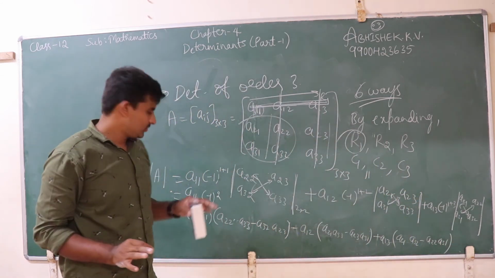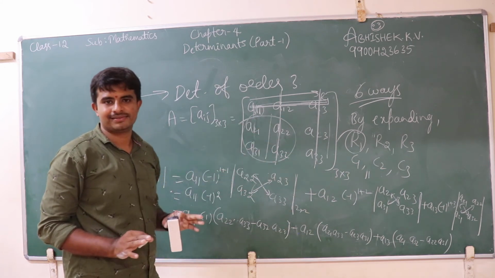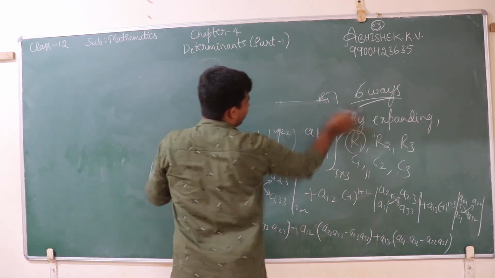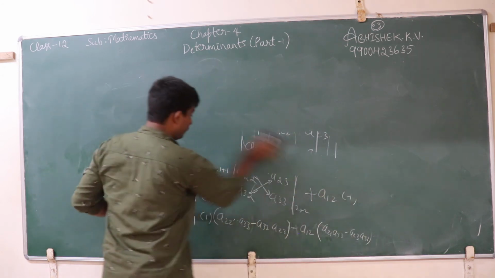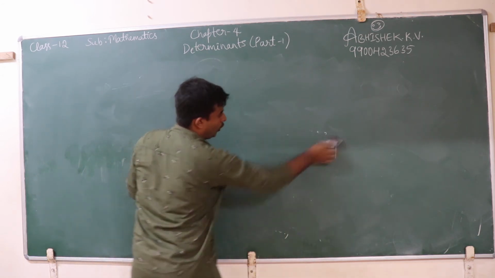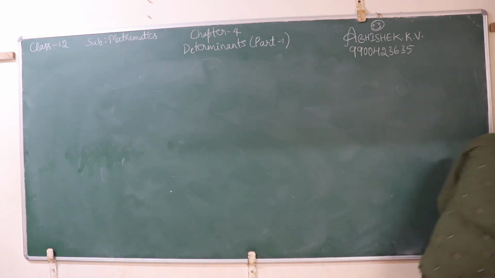Is it clear? So this is the procedure to determine the 3 cross 3 determinant. Let us consider one example for this. Before going to the example, first I am going to give some notes. Please note down.